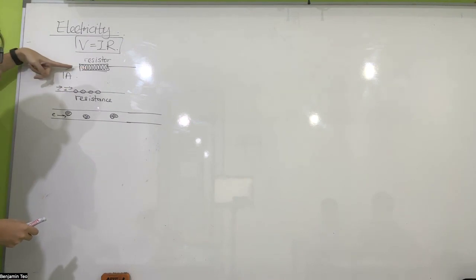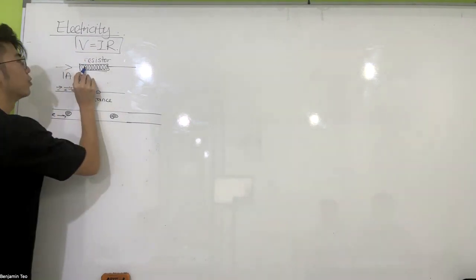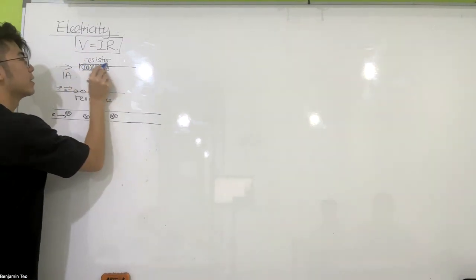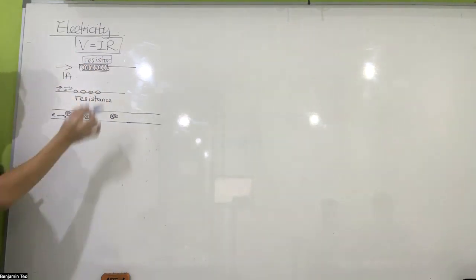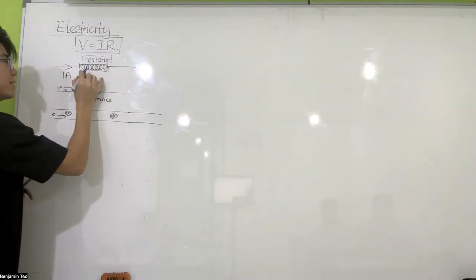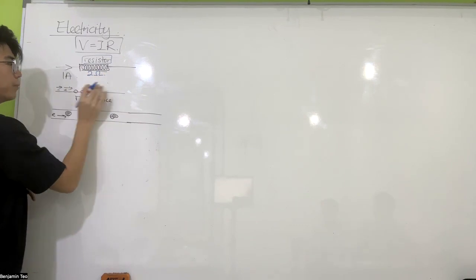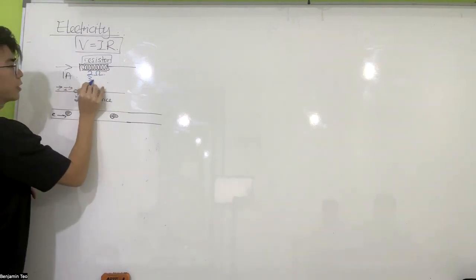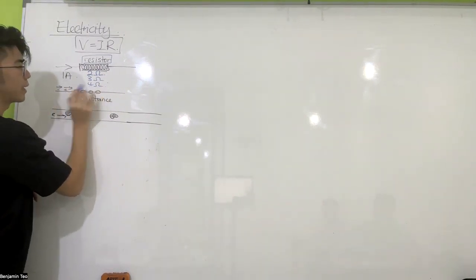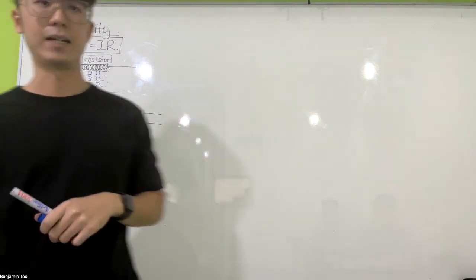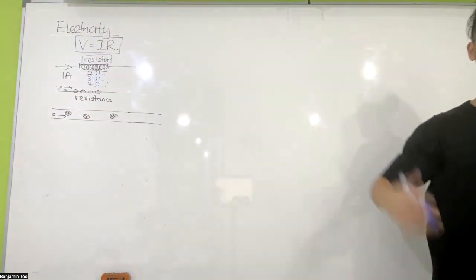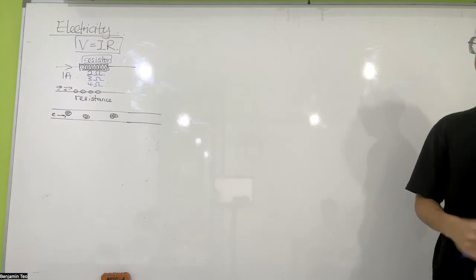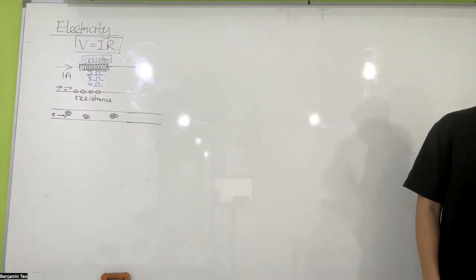As it flows through it, it's going to run into collisions and hence resistance. A resistor has a resistance measured in ohm, omega: 2 ohm, 3 ohm, 4 ohm, depending on how large the resistance is. The longer the wire I use, the higher the resistance. Clear? We've got the current and the resistance down already.